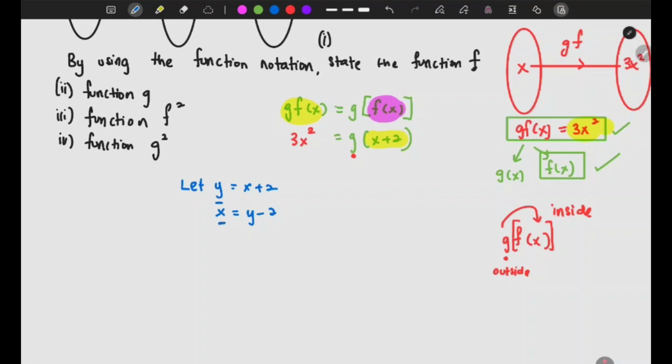Half the work is finished. Substitute here, since you know what your x is already. So 3(y minus 2) squared equals g. What should I write here? y. The reason why: because this x plus 2, I say equals y. So it is equal to y.